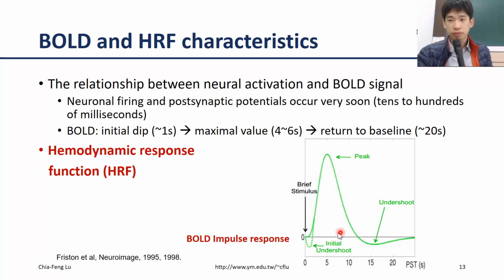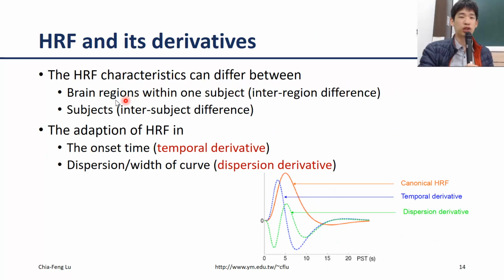neural activity. And it takes around 20 seconds for the BOLD signal profile to come back to the baseline situation. So this will take around 20 to 30 seconds, depending on the activation. Actually, it can differ between brain regions even within one subject.